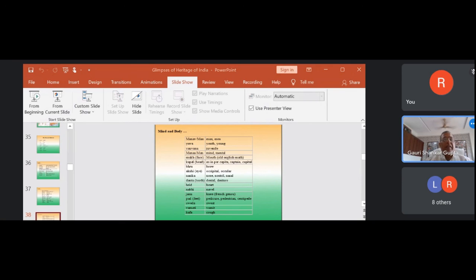You can see man. Man is the basic word in Sanskrit for man, because the person who has mind, who has man, is called manushya, is also called manav. The same word is used in English, man, in other European languages also.